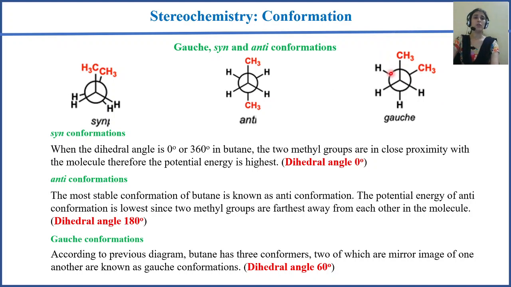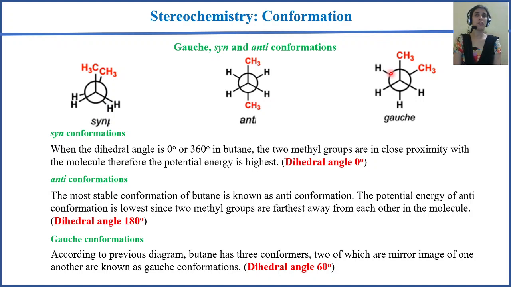Now you will be surprised to know that if we can separate these two conformations, they are chiral. These two conformers, rather, the two gauche conformers, are chiral. But the whole system is achiral, since the population of these two gauche forms, that is the mirror image forms, is the same.